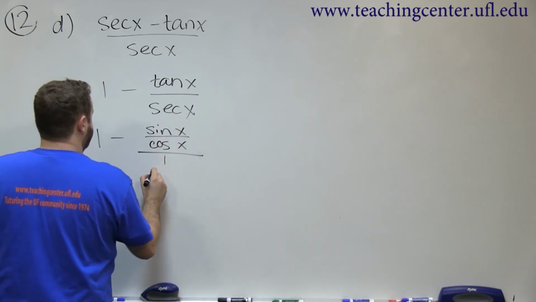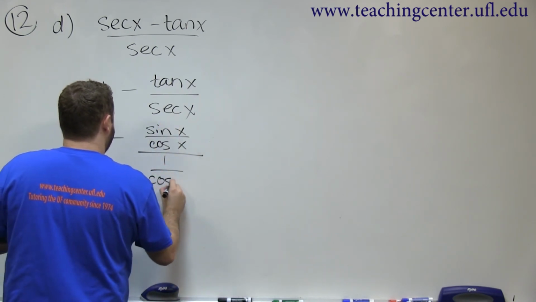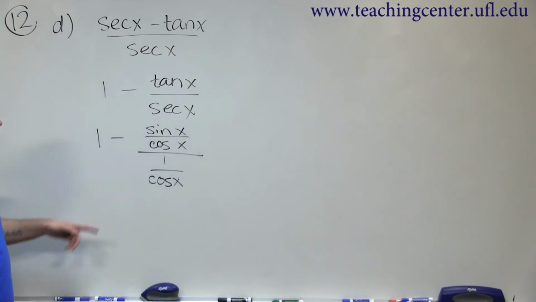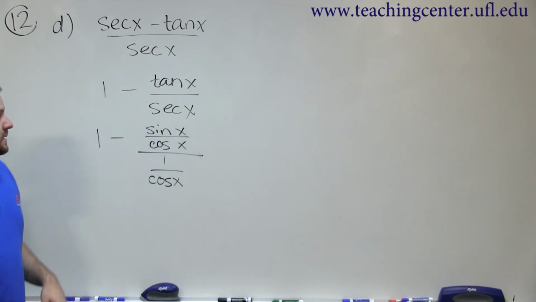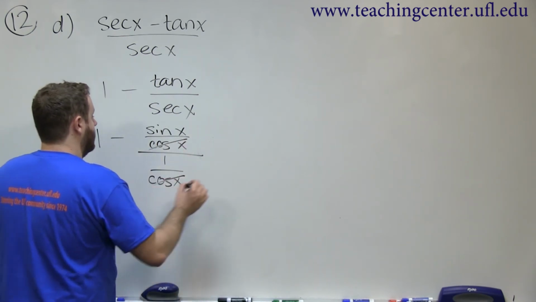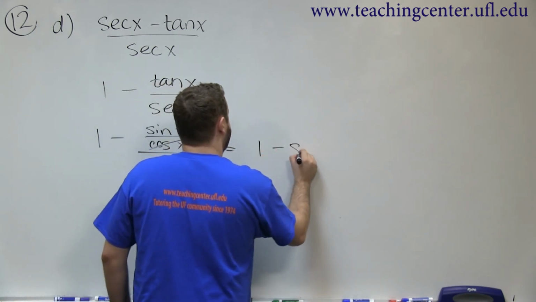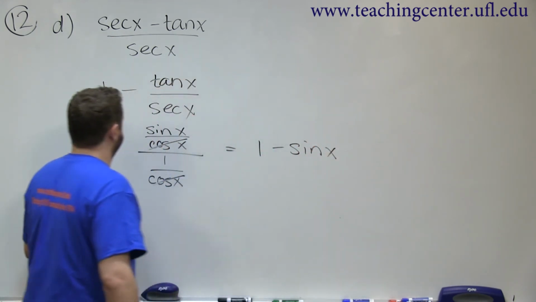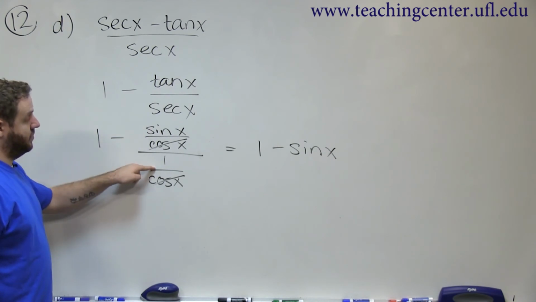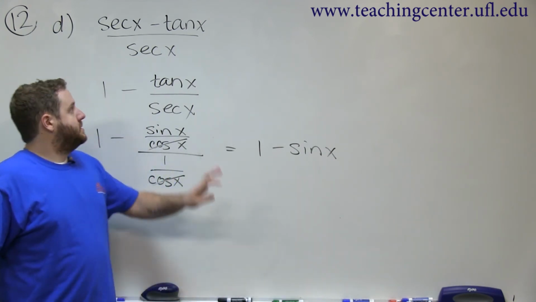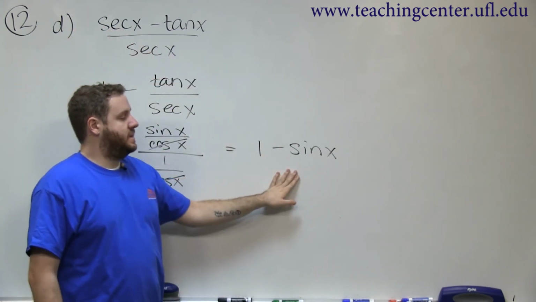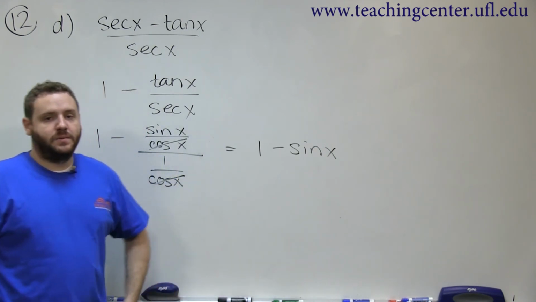And secant x is 1 over cosine x. So you can see here that both of these functions are divided by cosine x, so that can cancel out. And we actually just get 1 minus sine x, or 1 minus sine x over 1, which is sine x. So this fraction actually reduces to this before we've done any antiderivative.